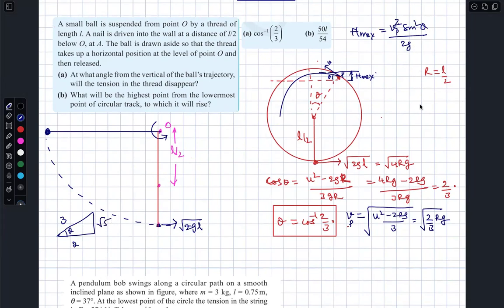So Vp square is 2 by 3 rg, sin square theta is 5 by 9, divided by 2g. G cancels, 2 cancels. This is 5r by 27.